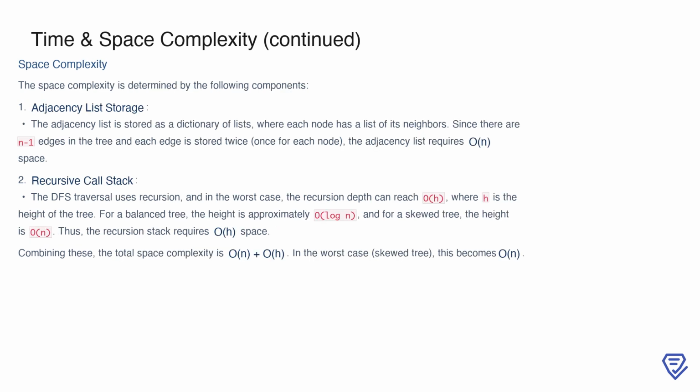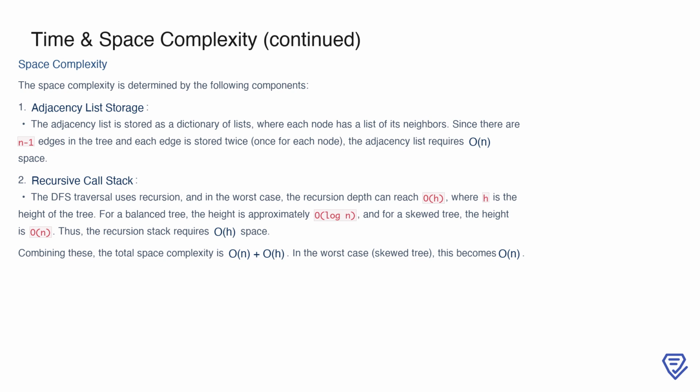When considering space complexity, there are 2 main components. First, the adjacency list used to store the tree structure requires space proportional to the number of nodes and edges. Since each of the n-1 edges is stored twice, once for each node it connects, the adjacency list consumes O(n) space. Second, the recursive call stack during the DFS depends on the height of the tree.